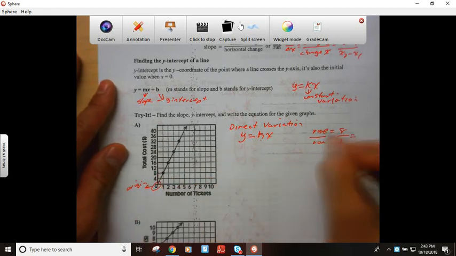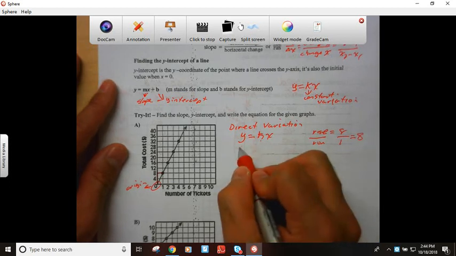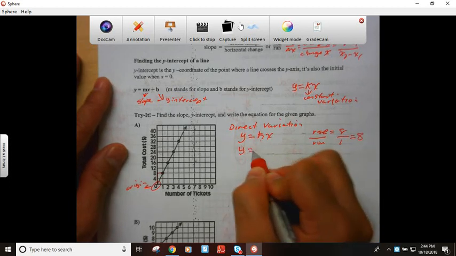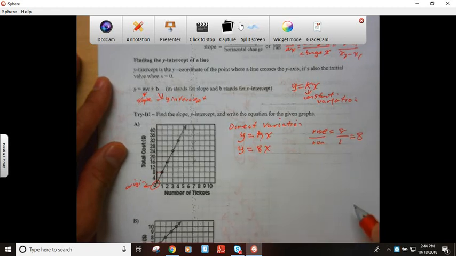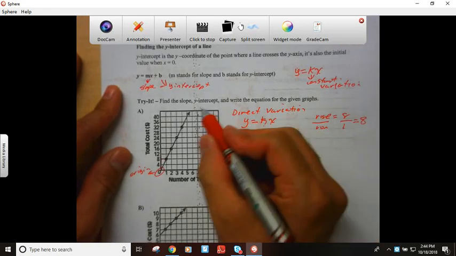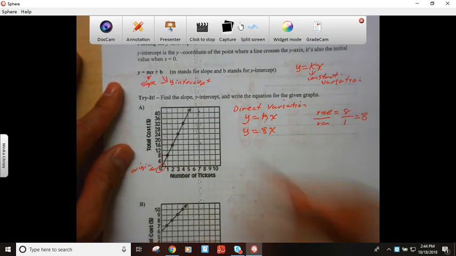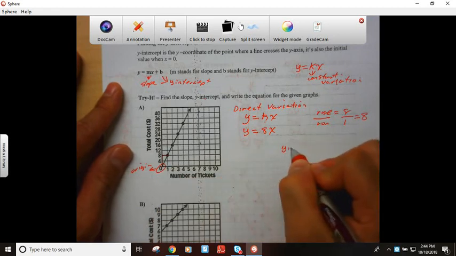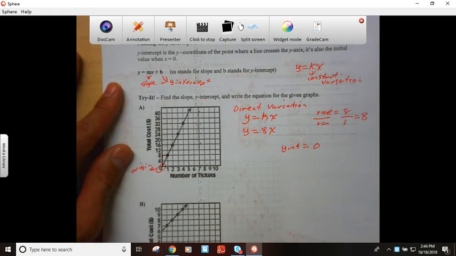So my slope is 8. So my format is going to be y equals 8 times x. Now our y-intercept is going to be at 0 because it is crossing at the origin, 0, 0.